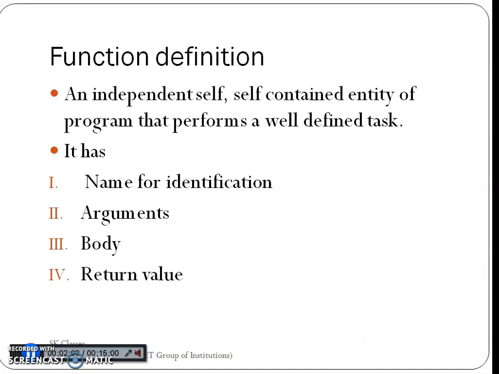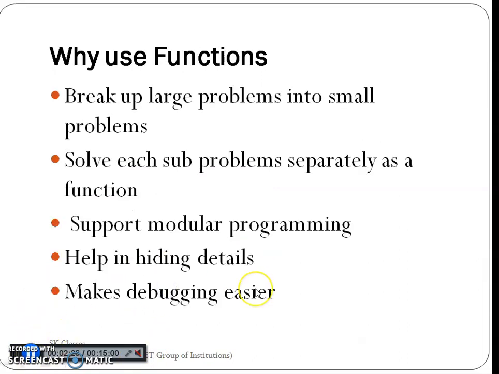That could be 0 or n number of arguments. Body is the actual task performed by the function, which has to be given inside the body. And finally, after all the statements are executed, some result has to be returned, that is given by the return type.